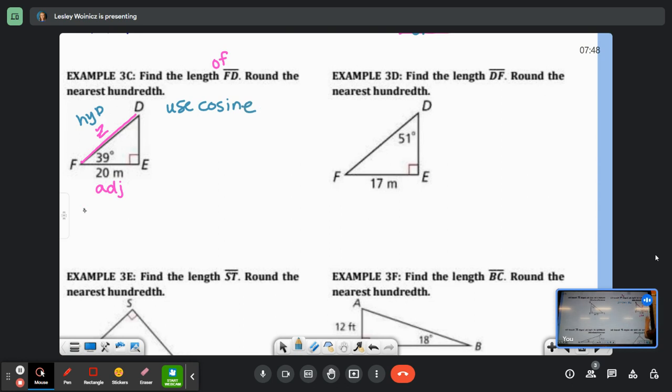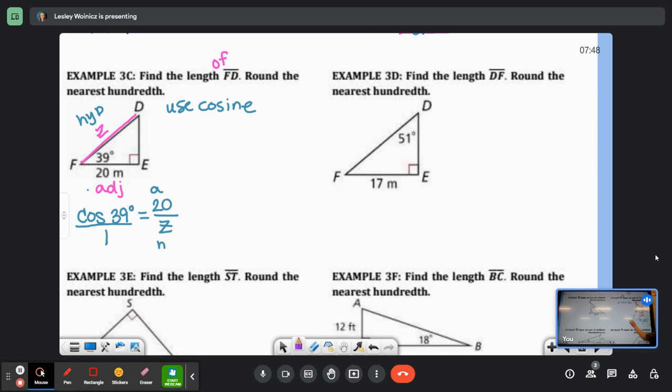The cosine of 39 degrees is the adjacent over the hypotenuse, which is the 20 over our z. Our z is in the denominator. That's a little bit unfortunate, but it's easy to fix.